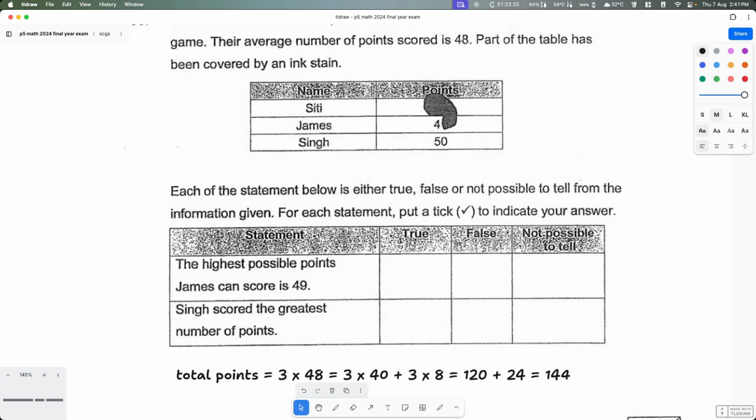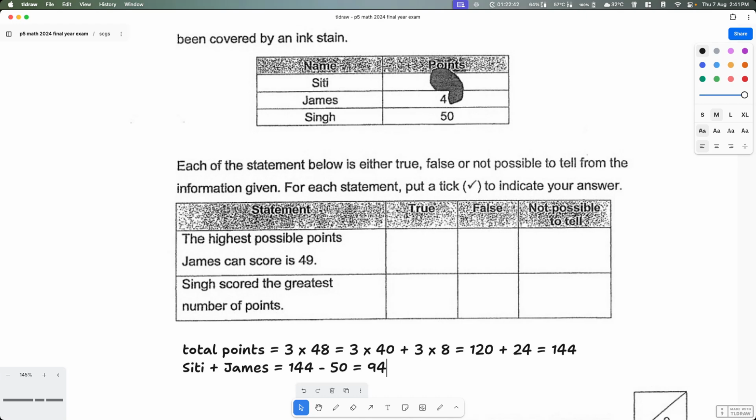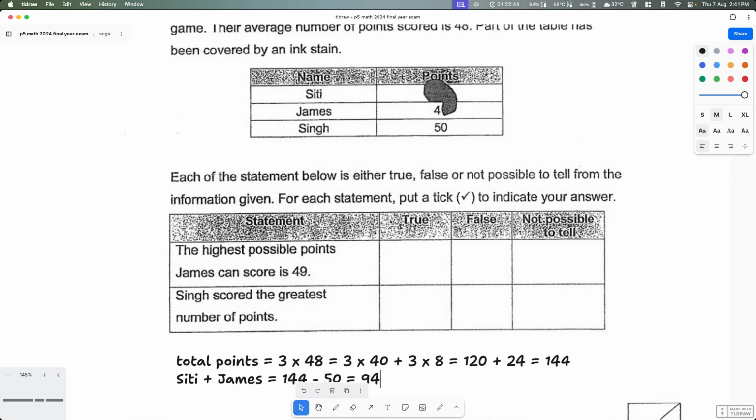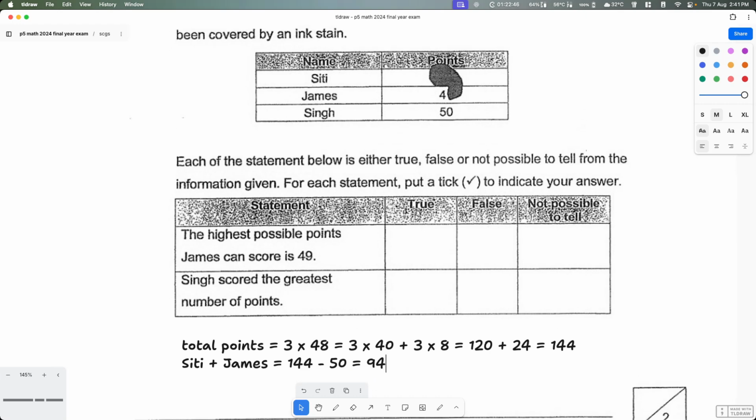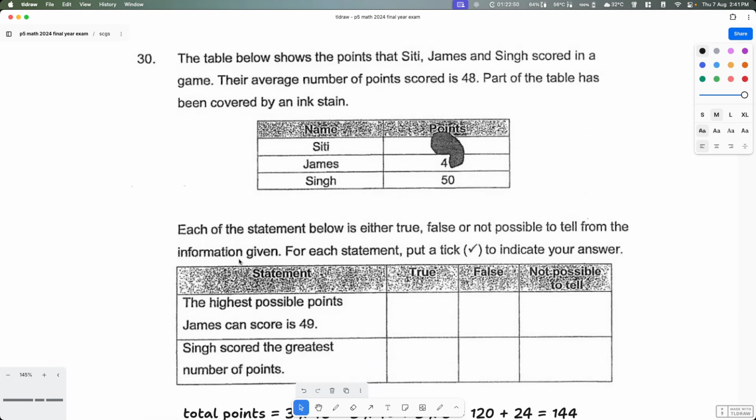Let's see. CT plus James is equal to 144 minus 50. This will give us 94, right? So if James can score the average number, I think so.